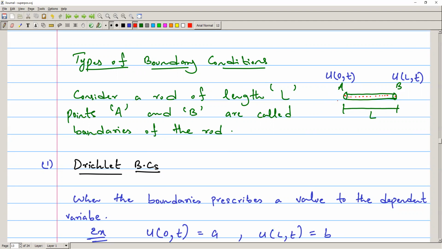Here we have x equals 0, the starting point, and here we have x equals L, the ending point, right? So we will have some boundary conditions in this form: u of 0, the temperature at the 0 end, and the temperature at the end L, right?